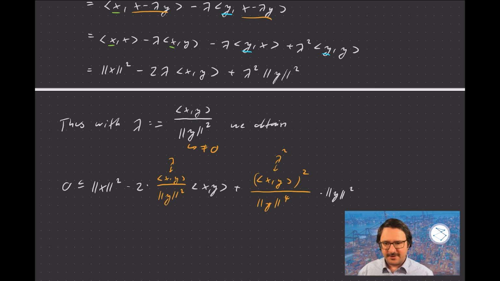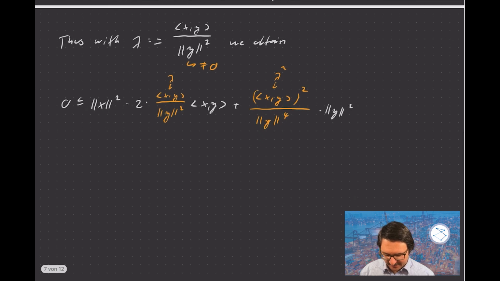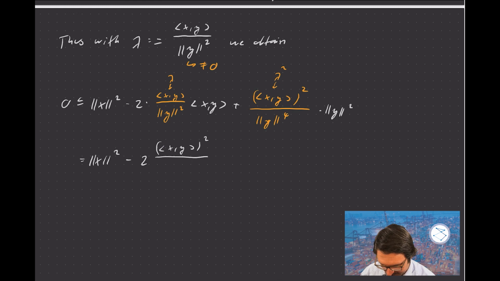Now let's try to simplify this a little. What do we get if we simplify this? Well, the x norm squared, there's nothing to simplify here. So in this case, well, we just get 2 times the scalar product squared over the norm of y squared. Here we can simplify a little. Right? We have this norm of y that cancels out, or at least part of it cancels out.